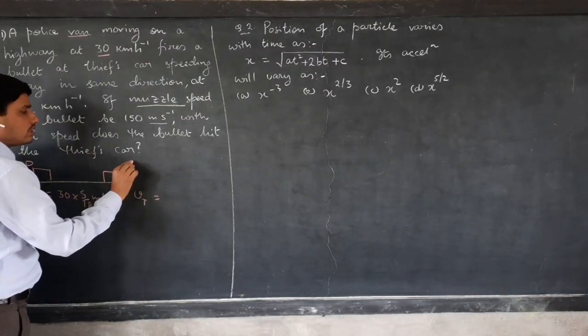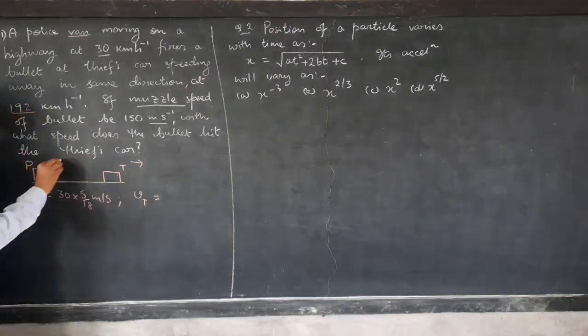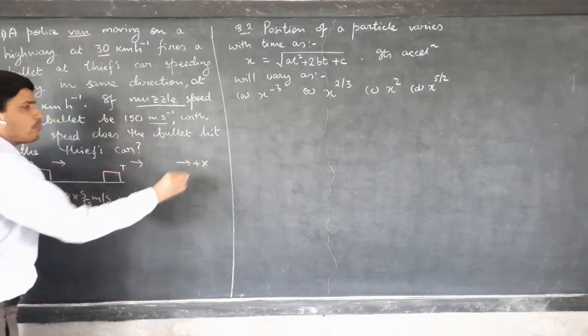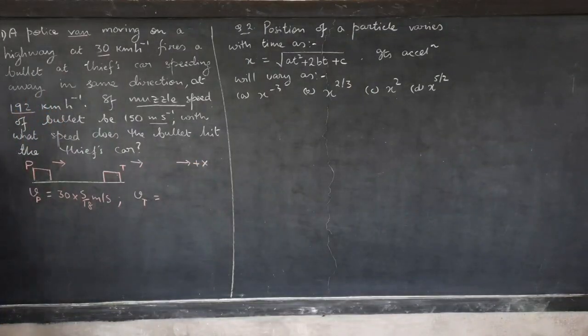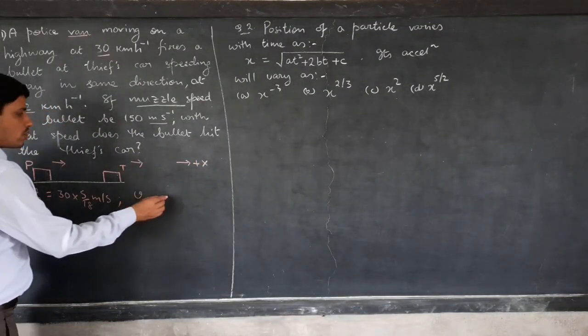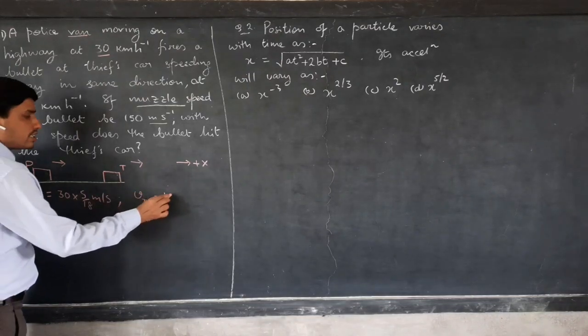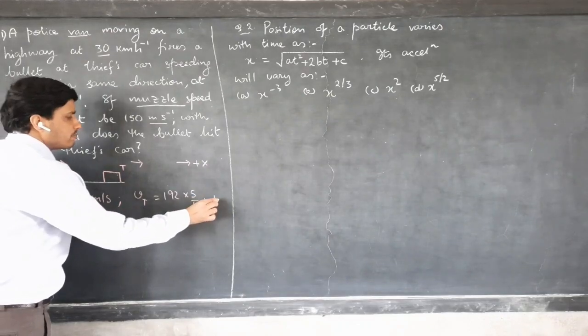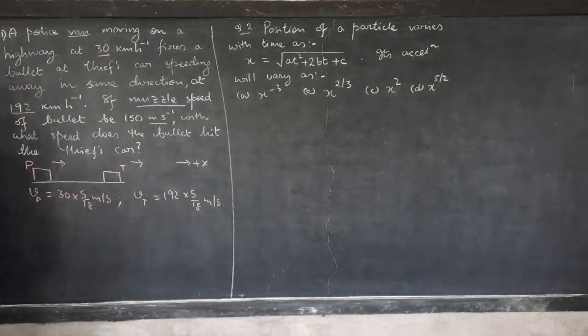Both of them are moving in the same direction, and let me take this direction as the positive direction of motion, the plus x-axis. So Vt will also be positive, and its value is 192 into 5 upon 18 meters per second, which can be easily simplified. You can do it yourself.